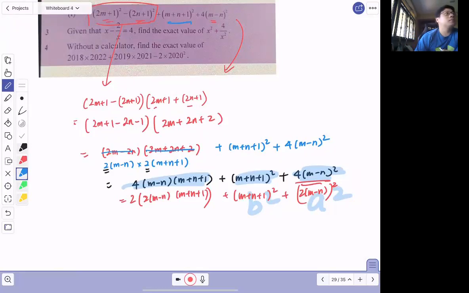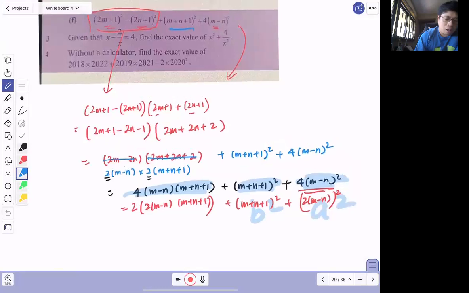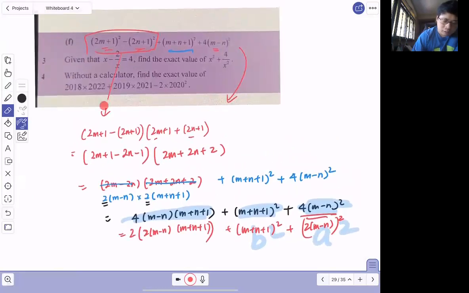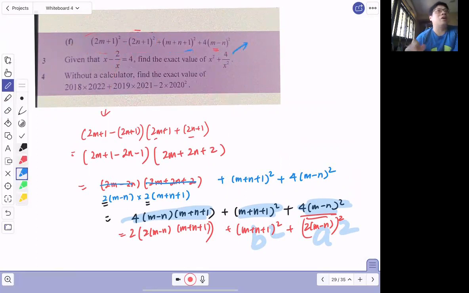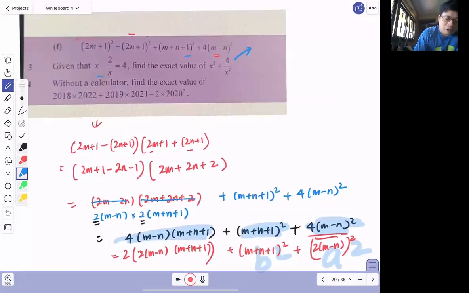Okay, so next one. I generally like to give you a hint. I won't tell you the answer so I don't deny you the full chance. This one, I just give you a hint. You square both sides. The strategy here is to square both sides.